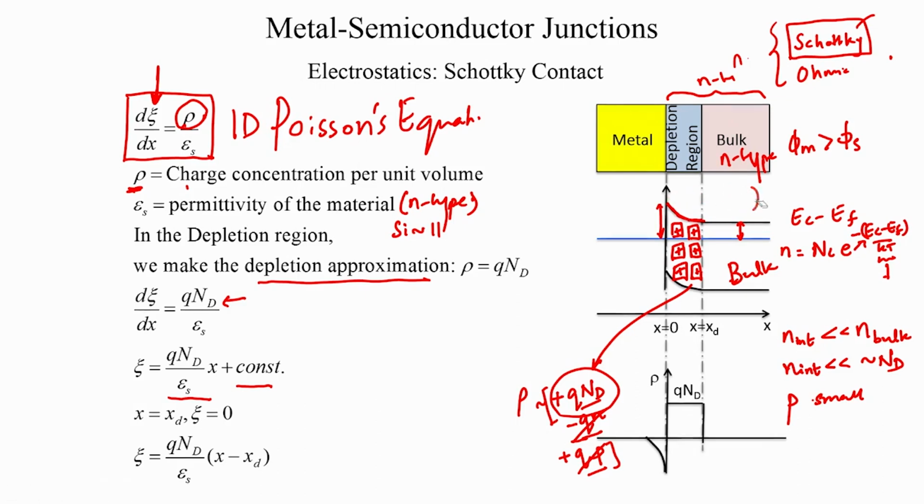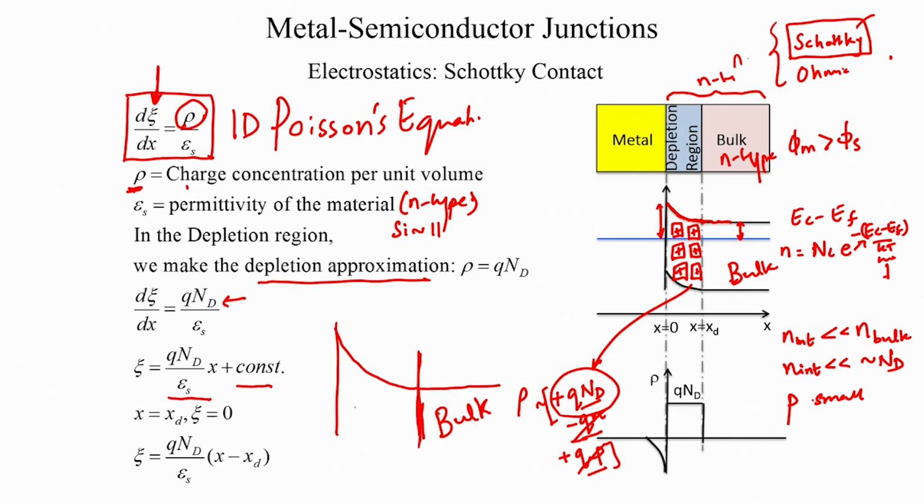Very far from the junction, once you cross this point, there is no more band bending. You had band bending to a certain extent, then the band slowly flattens out, and then it is completely flat. Beyond this region, it looks like the semiconductor does not know about the existence of a junction at all.